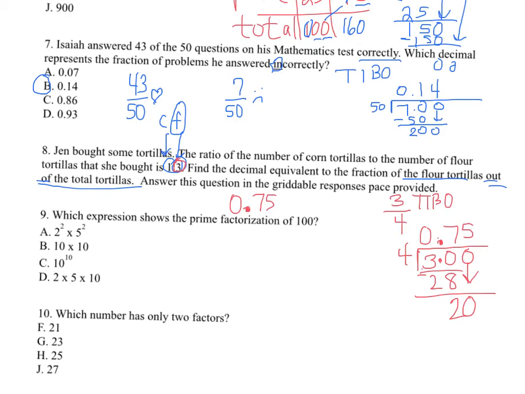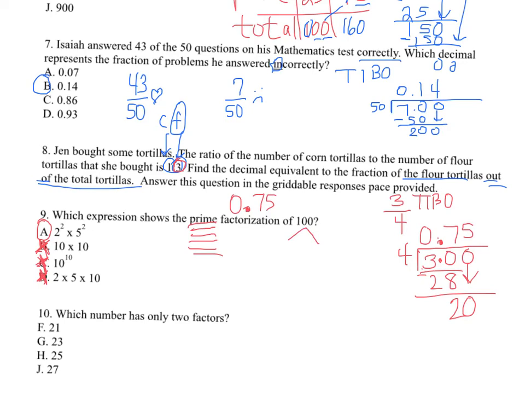Which expression shows the prime factorization of 100? Okay, I can eliminate any answer that has a composite number in it. 10 is composite. 3 of those have a 10 in it. So by elimination, A is my answer.